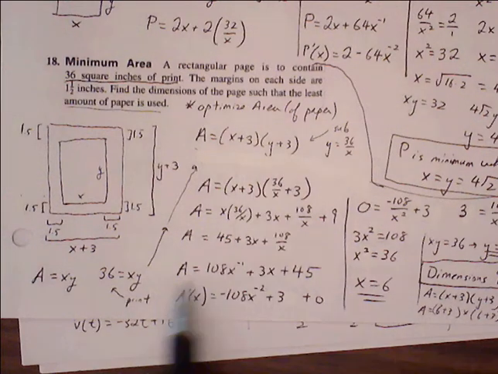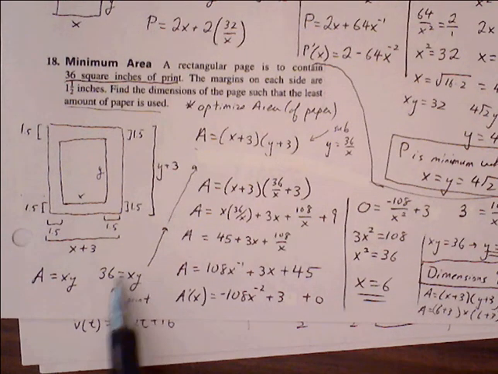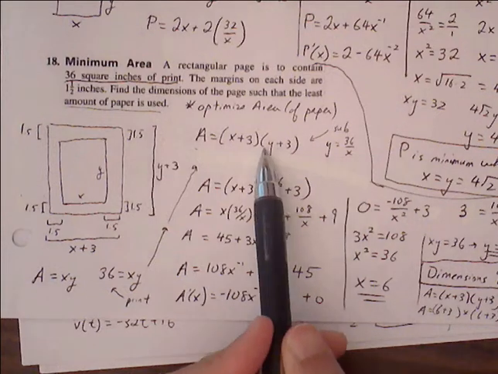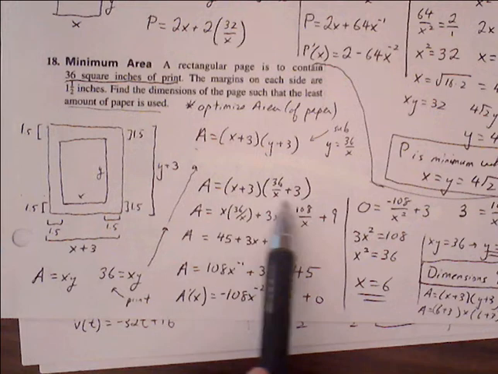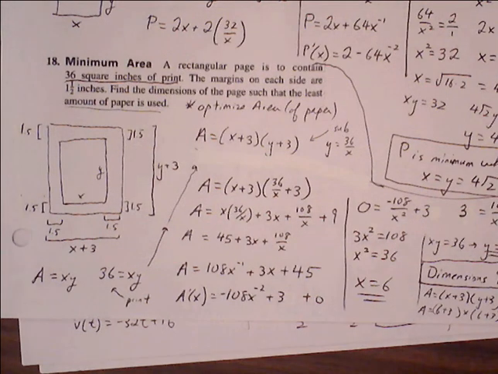So in this case, I decided to solve for y. y is equal to 36 over x. I can make that substitution, replace y as 36 over x, and now I have everything in terms of x, and it's just a matter of trying to clean everything up before we find the derivative.